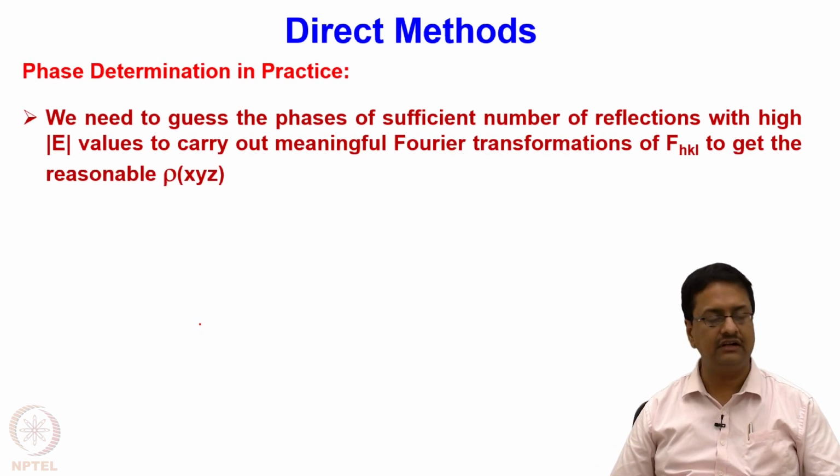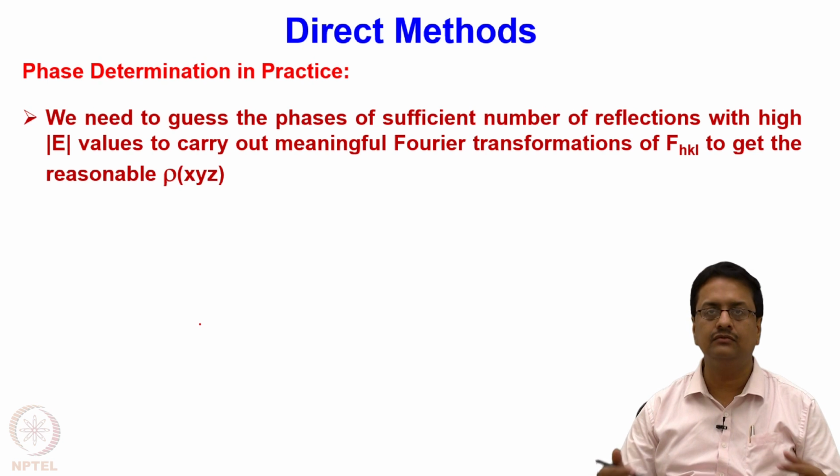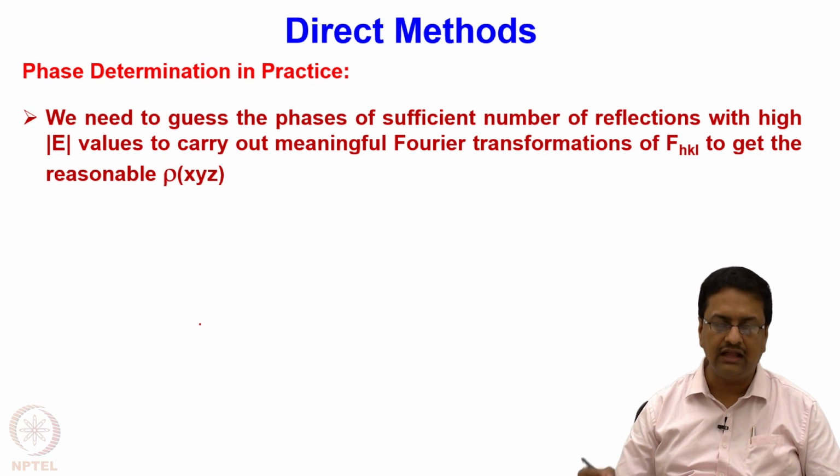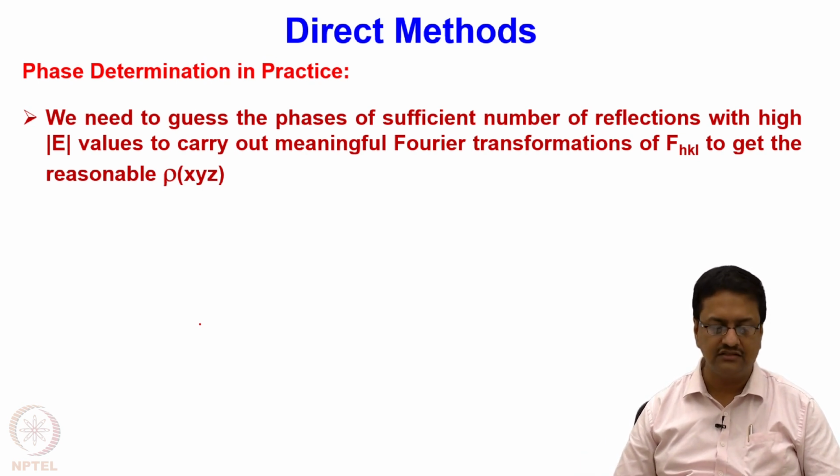So, these are different mathematical ways to talk about the phases, but these phases are very difficult to determine, and from there it is difficult to arrive at the atomic coordinates using the Bragg-Lipson plot.